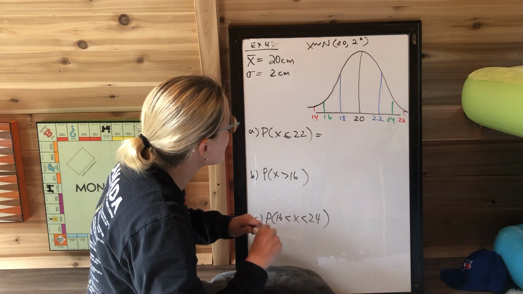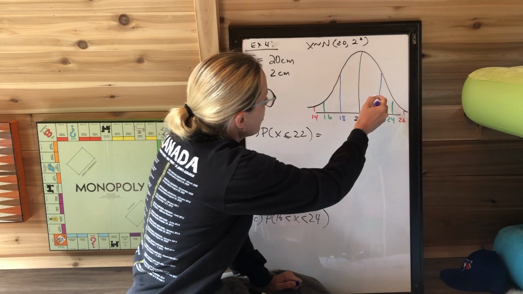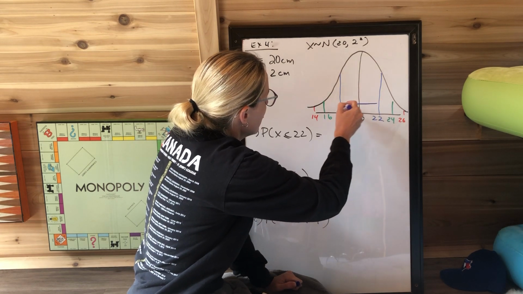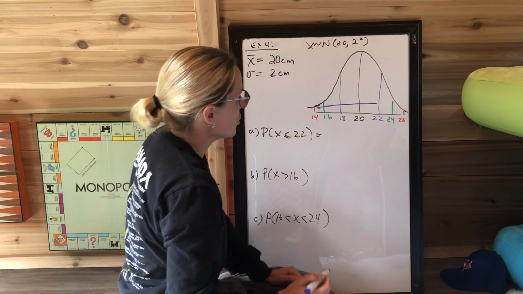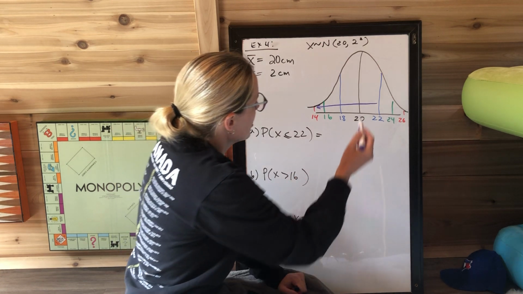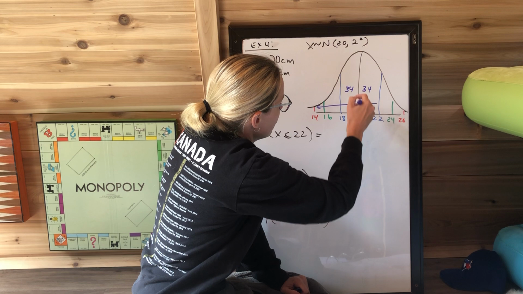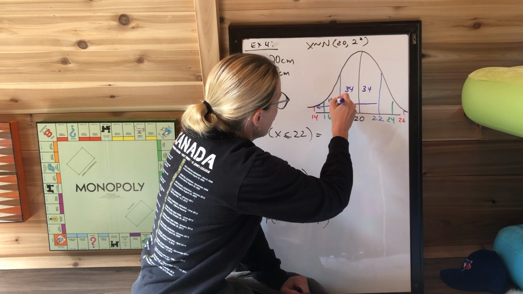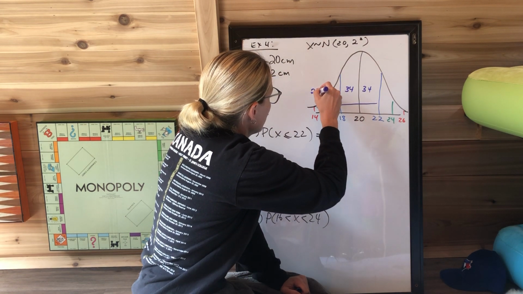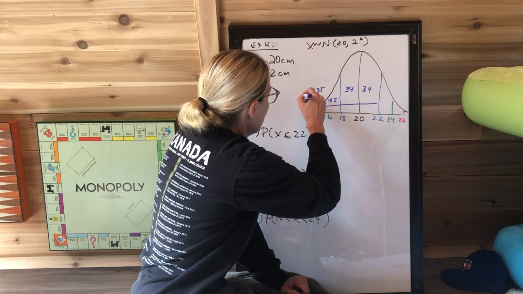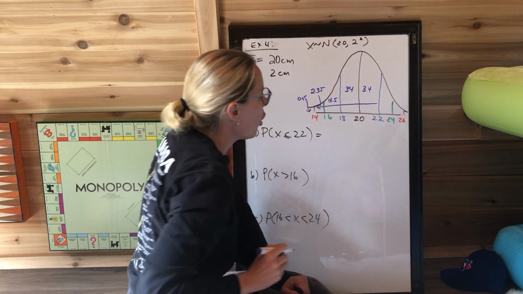The probability is less than 22. Less than 22 covers everything across here. So you simply look at all the sections. Well, what was this section? 34. This section, 34. This section, 13.5. This one, 2.35. This one, 0.15. Those are all percentages.